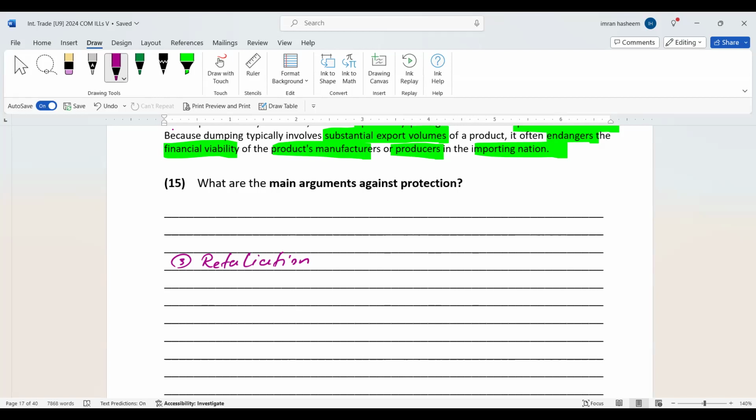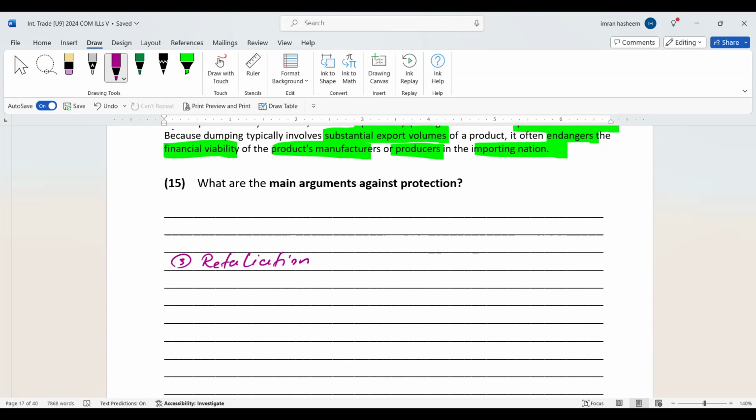Limits innovation and competition. Within brackets, right?